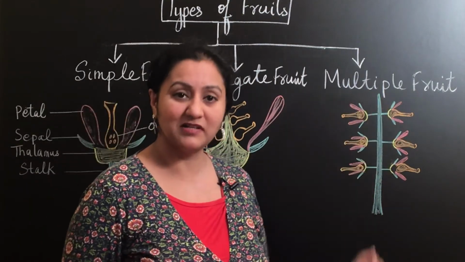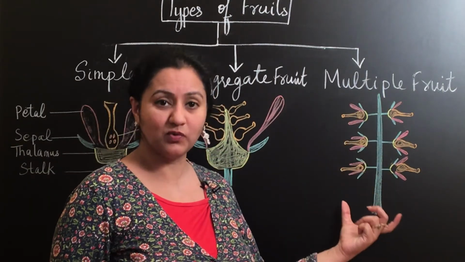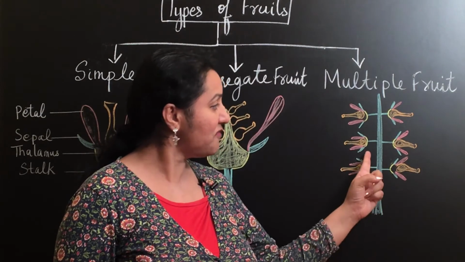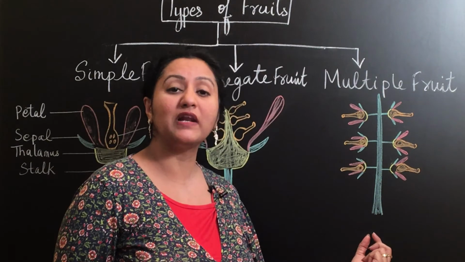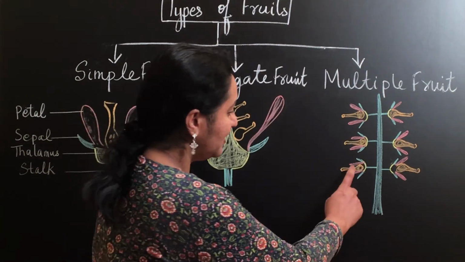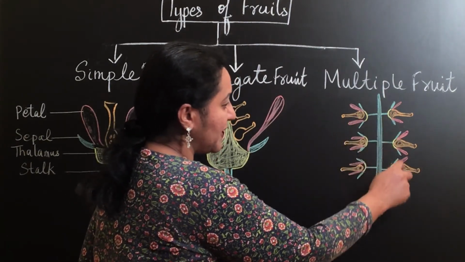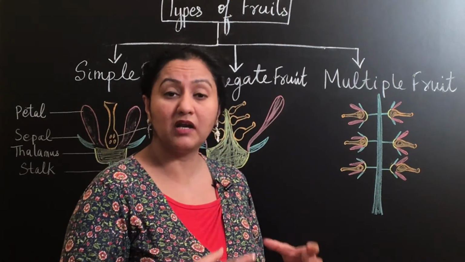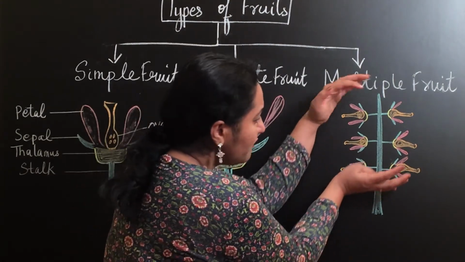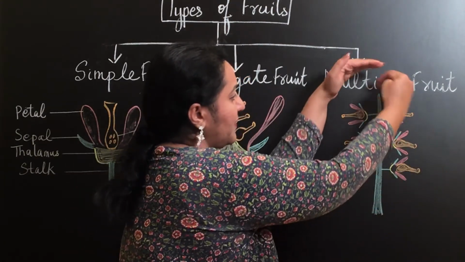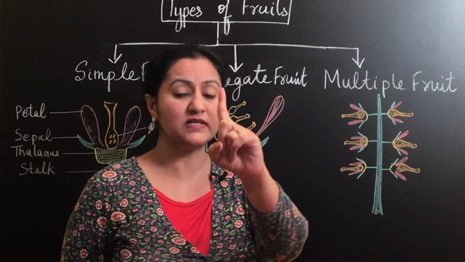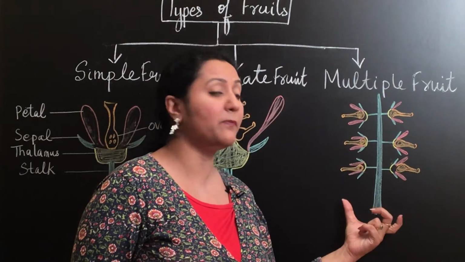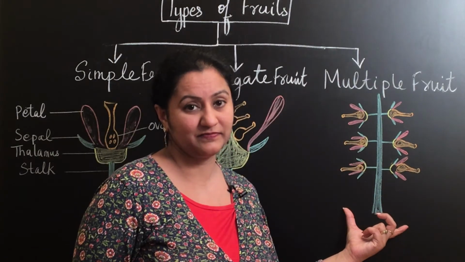Moving on to multiple fruit. A multiple fruit is formed from many flowers that are borne on a single floral axis. So all these pistils of these separate flowers will ripen and become fruitlets, and they all will join together, and a thick cover covers it up, and this looks like one single fruit, but actually it is made up of many fruits.